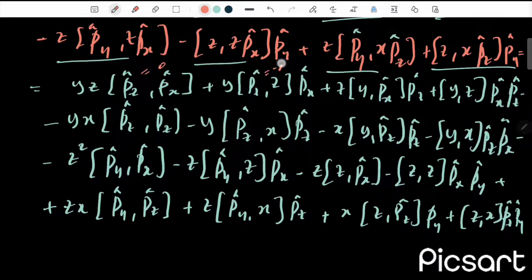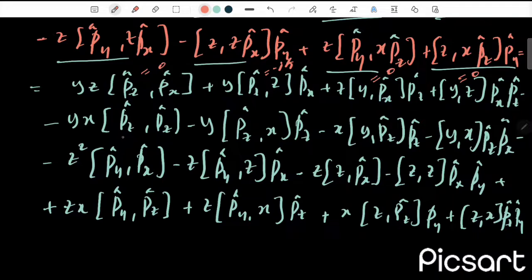Here we have minus i h bar. Here is 0 because we have a product of positions that commute between them. That means y times z is equal to z times y.